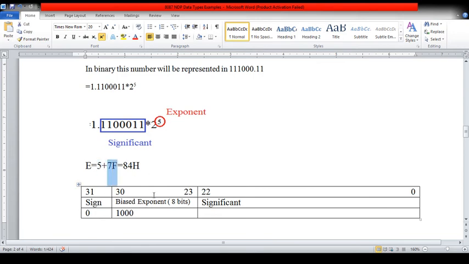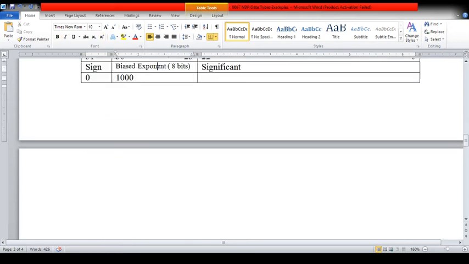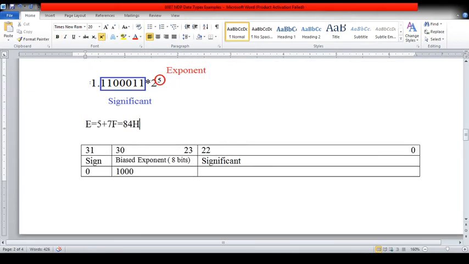In the case of 32 bits, the bias is 7f. The exponent is extended by 7f just so that we do not bother about the sign of the number. So after adding the biased value, we will have 8 and 4 as my exponent, which covers 8 bits, and then the remaining significand.